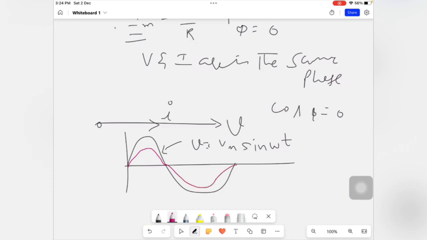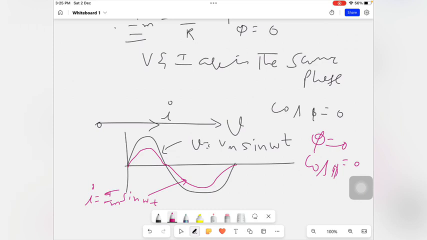This is the current waveform, given by I is equal to Im sin omega t. As you observe here, both the voltage and current waveforms start from the same point and terminate at the same point in the given cycle. So their phase difference is 0, hence phi is equal to 0 in the case of a resistive circuit.